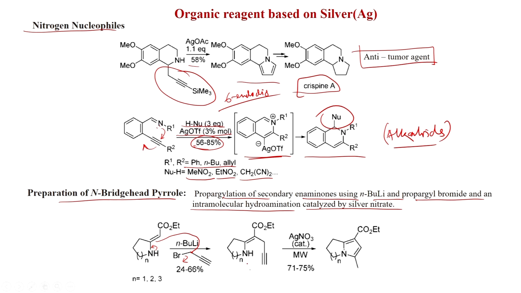And now after silver nitrate addition, what will happen? Nitrogen will add here and you get this after proton loss, and this will isomerize to give this.